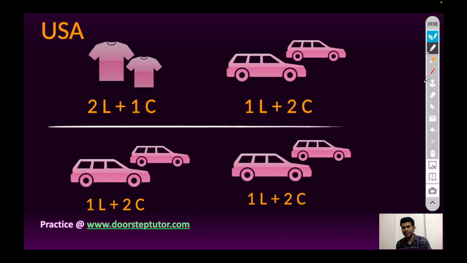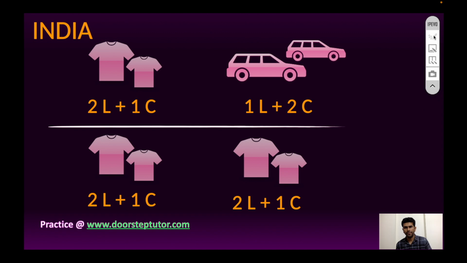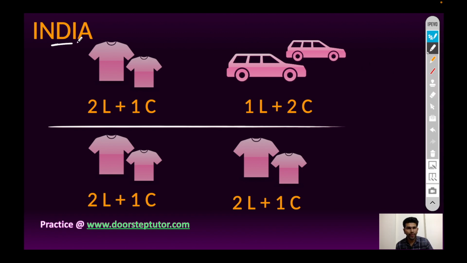Let's take another example. In case of India, to produce one quantity of cloth, it requires two labor and one capital. And to produce one quantity of car, it requires one labor and two capital.